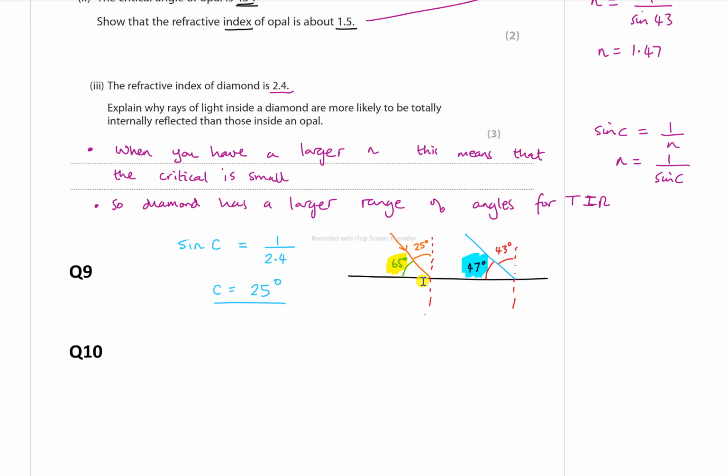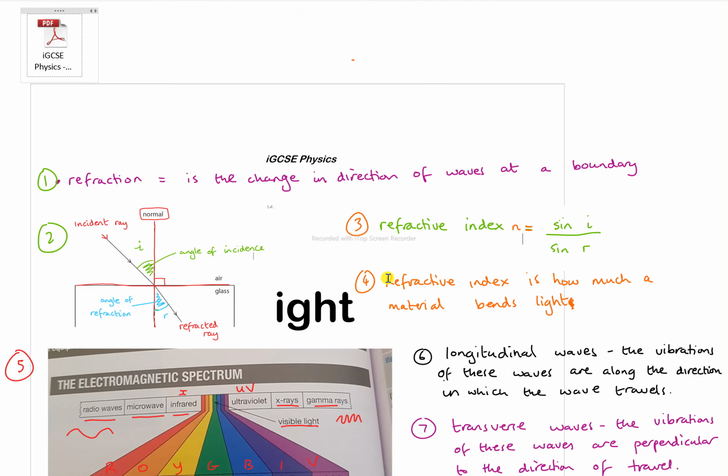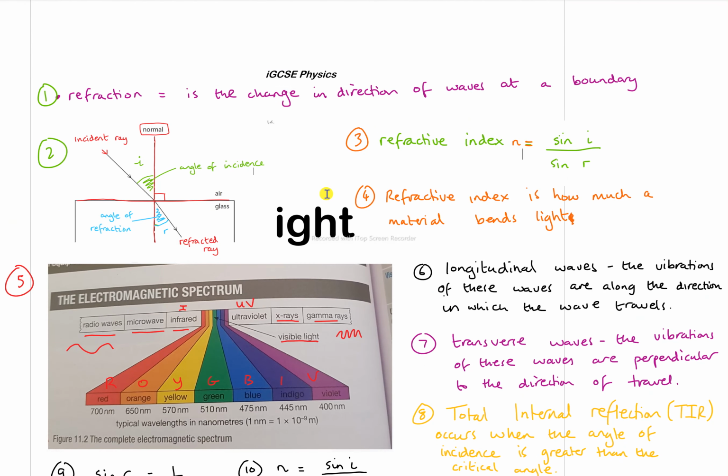Right, let's go back. So we know refraction is the change in direction of waves at a boundary. You've got the incident ray, refracted ray, angle of incidence, angle of refraction. The refractive index is sine i over sine r. The higher the refractive index, the more the material bends light.